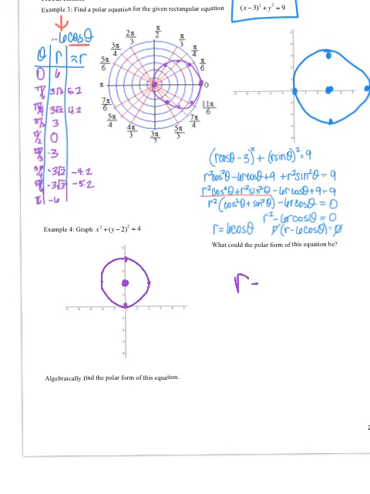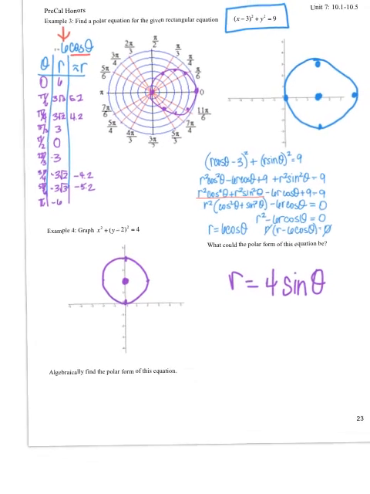So we would have r equals, since up above the diameter was 6, and that was the coefficient in the equation, here our diameter is 4. And then this isn't located on the polar axis, it's located on the pi over 2 axis, so this would be sine of theta. But let's make sure that it works. Let's verify algebraically.